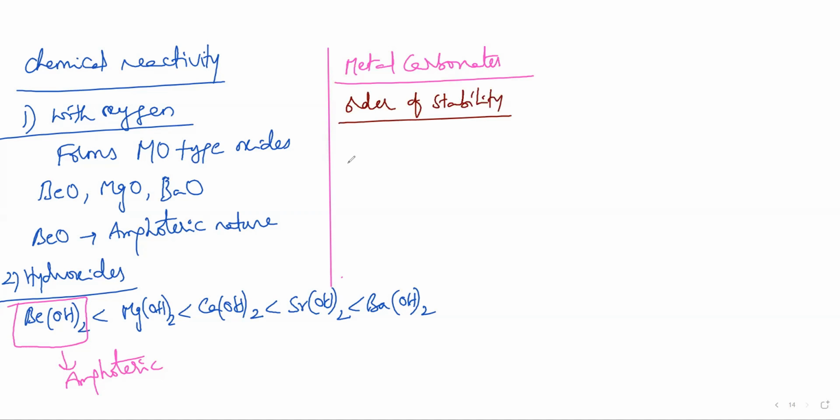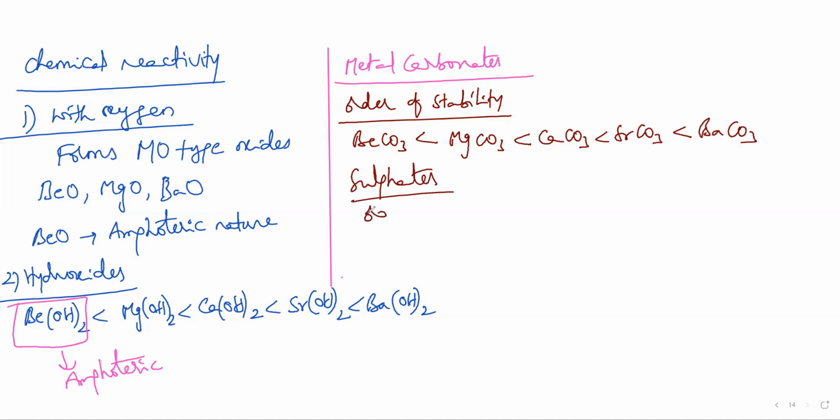Beryllium carbonate is less stable than magnesium carbonate, then calcium carbonate, then strontium carbonate, then barium carbonate. Okay.